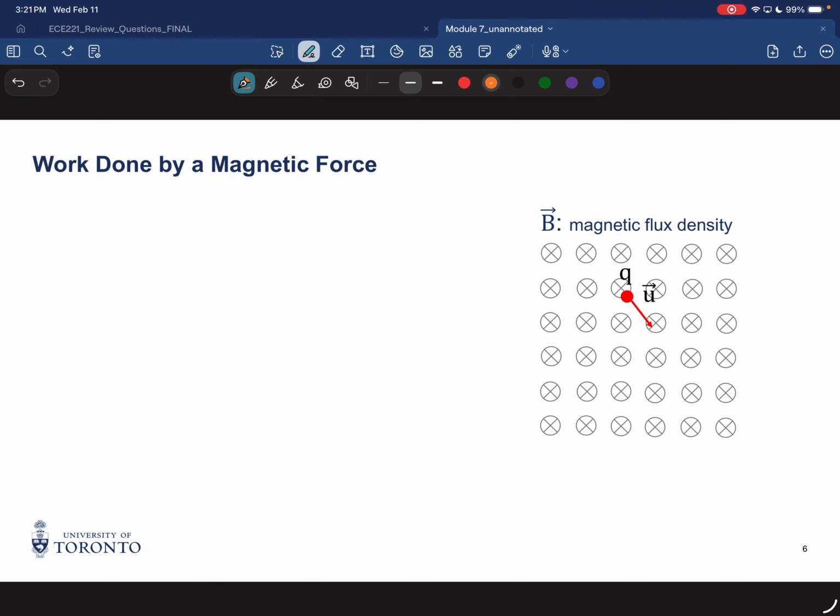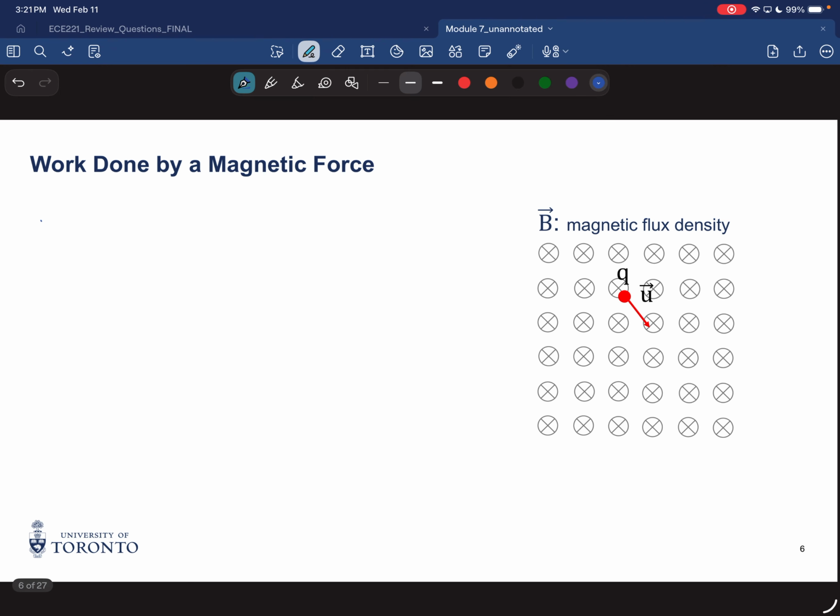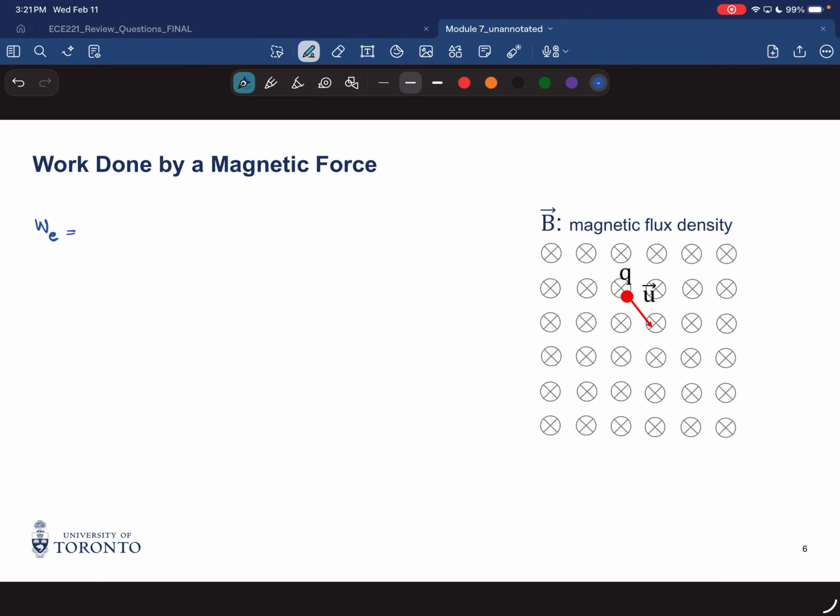We found that the work done by the electric force, W of E, was QV. That's how we translated this. We defined voltage as the work that is being done on Q.